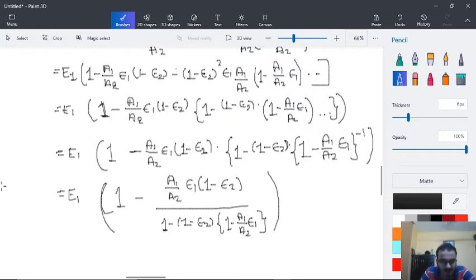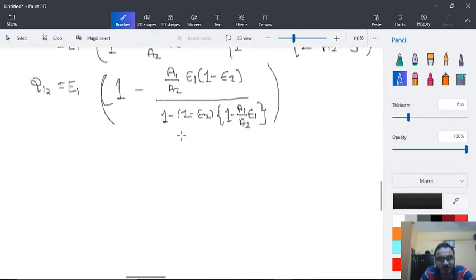So this is the value of Q122, and similarly we can write down for Q221, which is equal to.